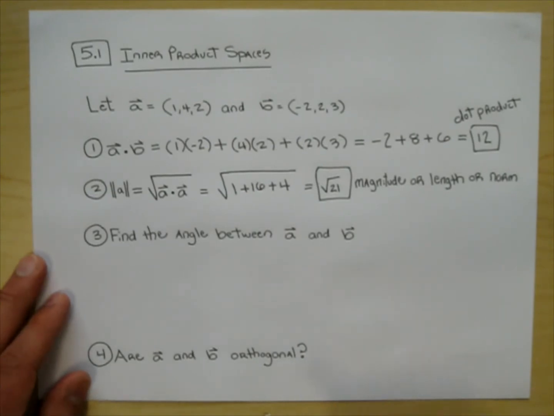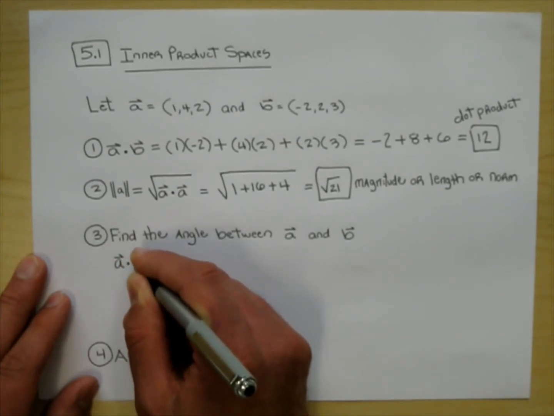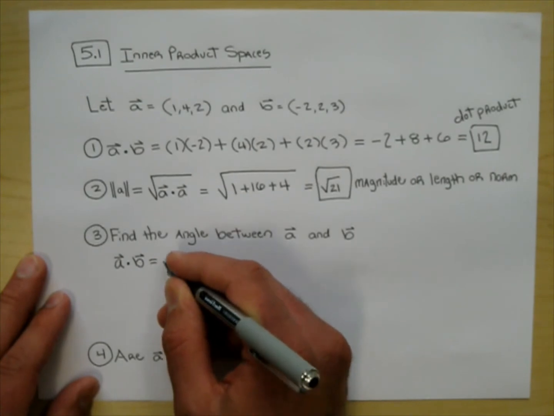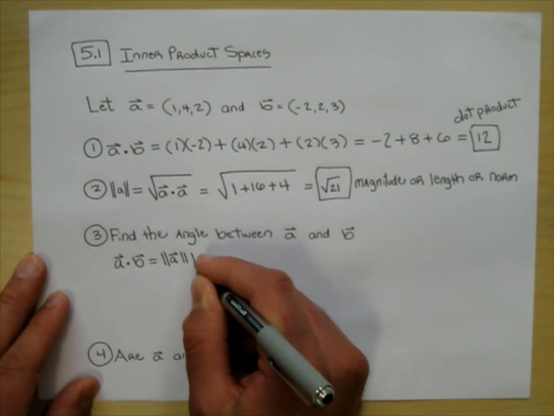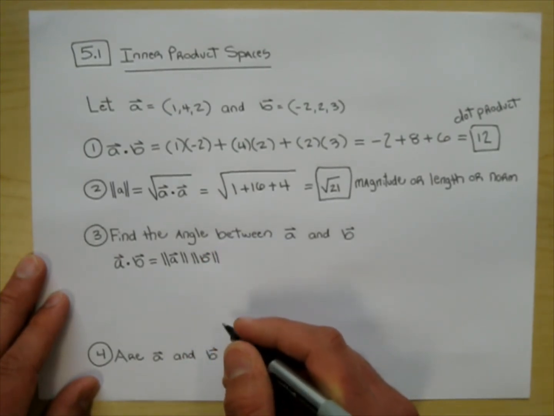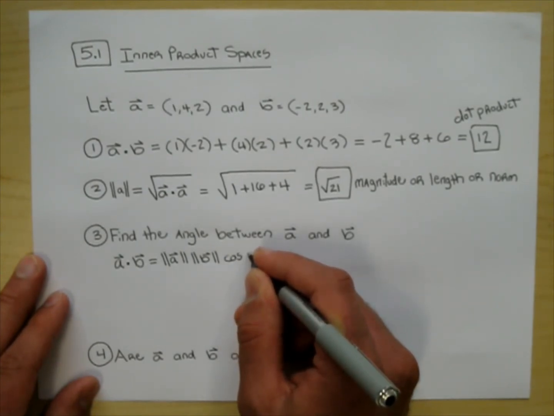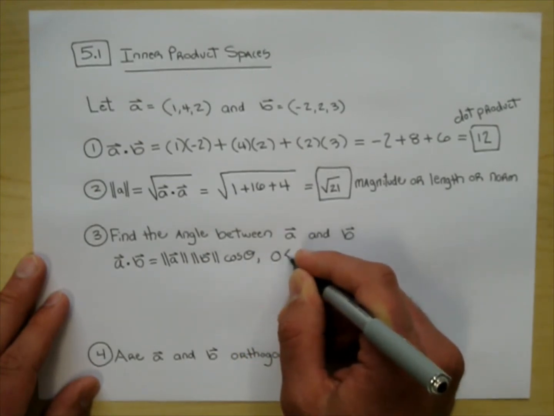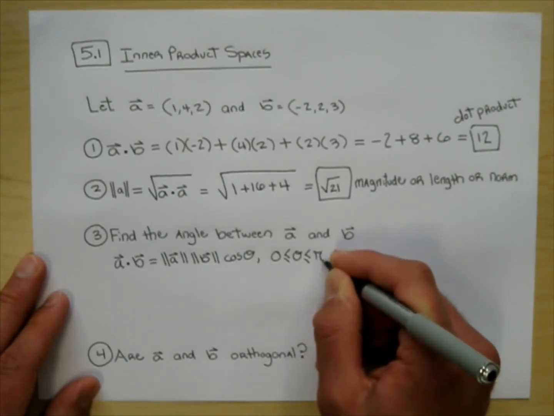We have a formula that says this: A dot B equals length A times length B times the cosine of theta, and this is for theta being between 0 and 180.